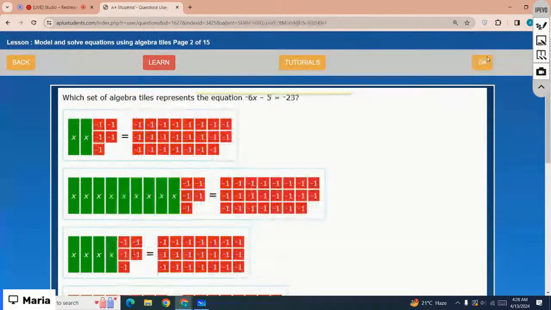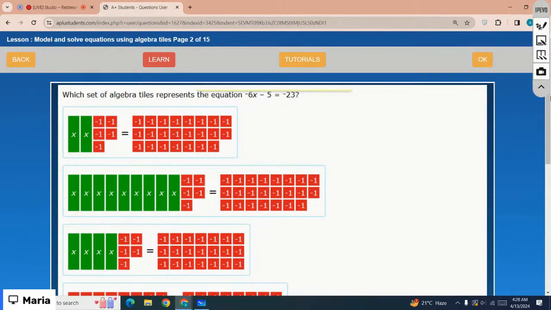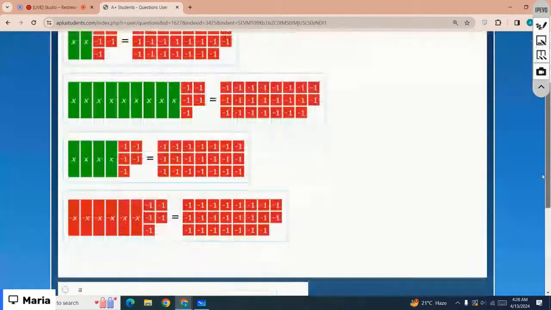Which set of algebra represents negative 6x minus 5 equals negative 23? So, which is the correct option? The D is the correct option, right?